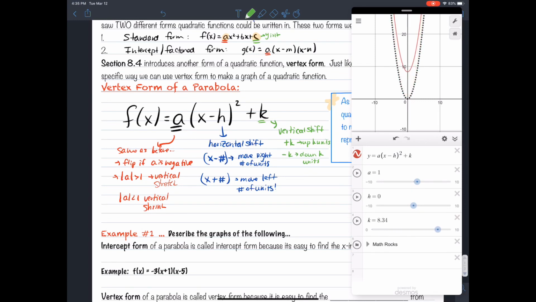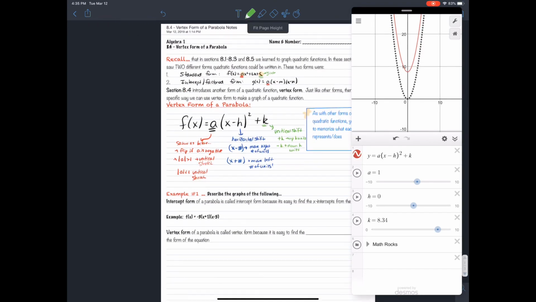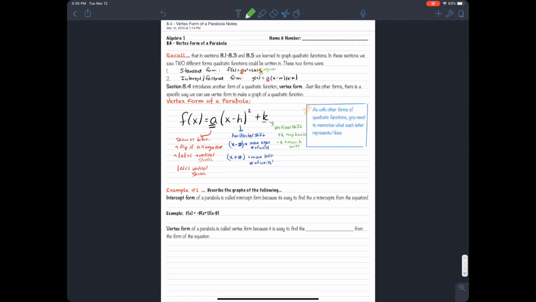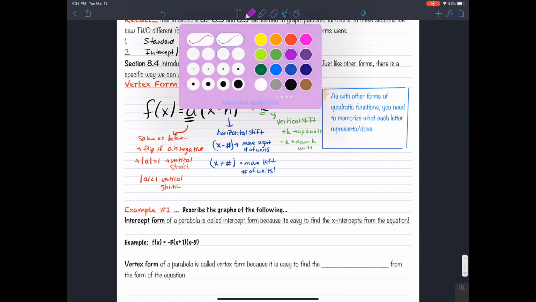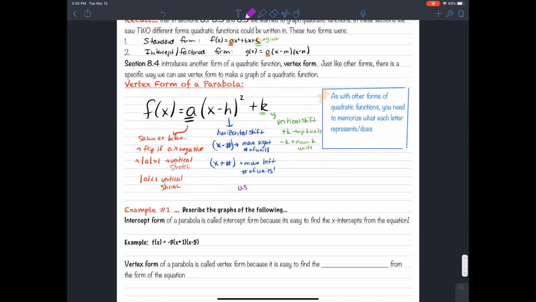So the first thing we need to realize is that we need to be able to understand what each of those letters does. So we need to memorize that. Now the reason why it's called vertex form is we can use the shifts to find the vertex.